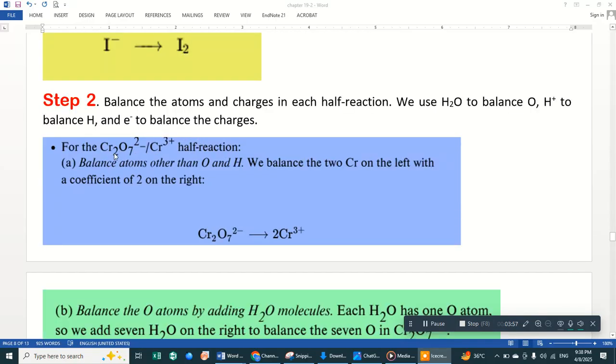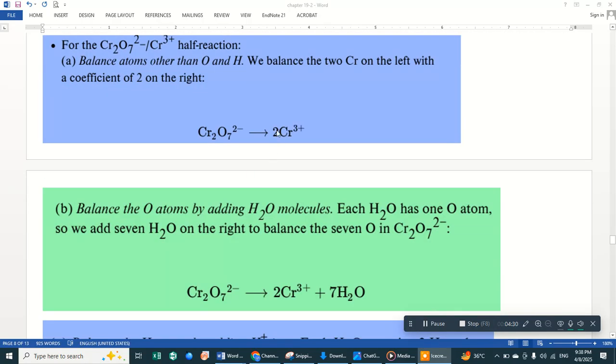In the dichromate ion, the oxidation state of chromium is +6, and chromium on the product side has +3. It means chromium is going from +6 to +3 oxidation state. Basically that is the reduction process, in which the oxidation state is decreased, due to the gaining of electrons.